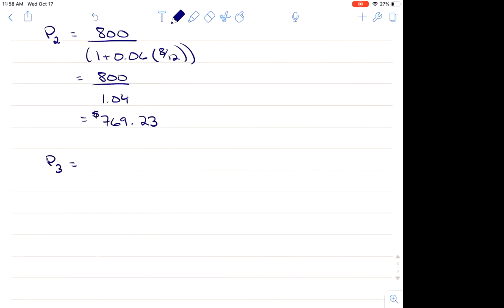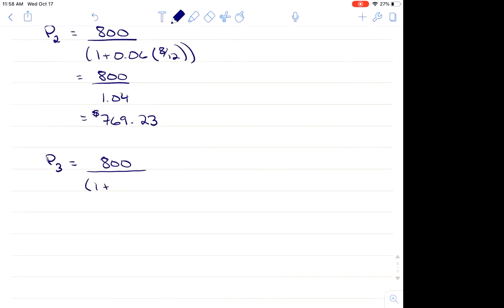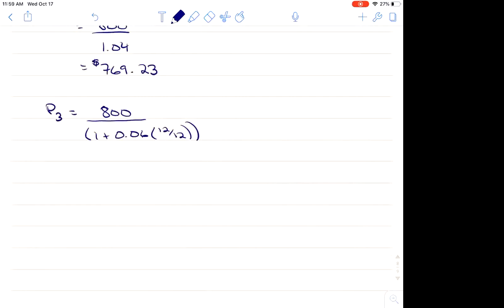P3 is also going to be worth 800 in the future over 1 plus 0.06 times 12 over 12. That's just 1, right? But I like to be consistent, right? But if you want to just do 1, that's fine. So I can already tell that this is going to be 800 over 1.06. 800 divided by 1.06, 754.72.